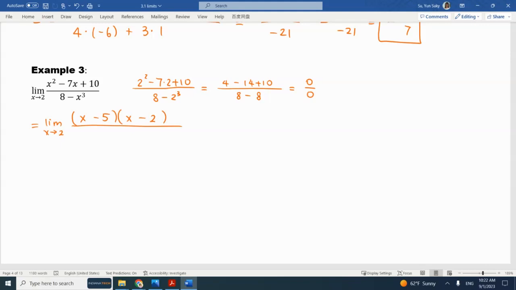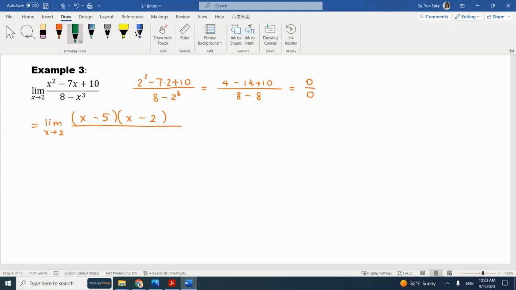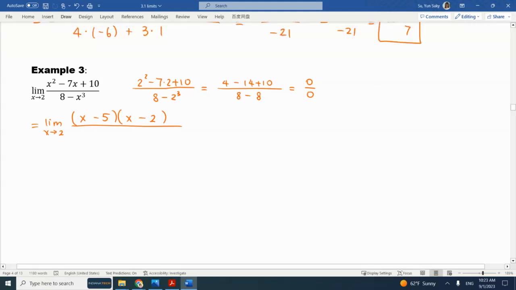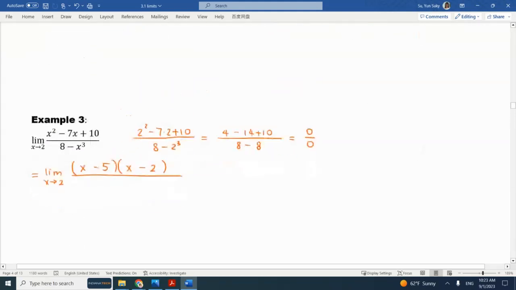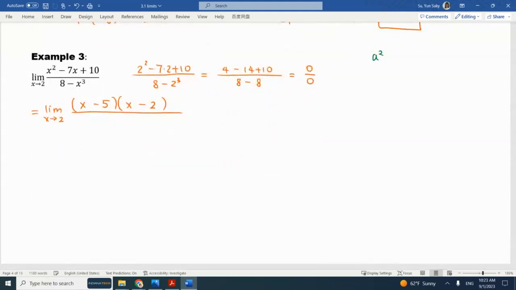Okay, denominator. Do you see this is x cubed? Let me remind you of those factoring formulas. If you see a squared plus b squared, this cannot be factored. Just leave it like that.